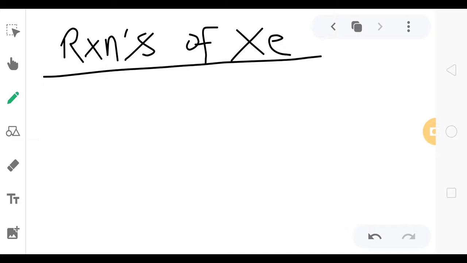Why am I specifically putting more emphasis on xenon? Because it was the only element which has shown reactions that came out to be most useful in our industry. The xenon reactions were found to be very useful.